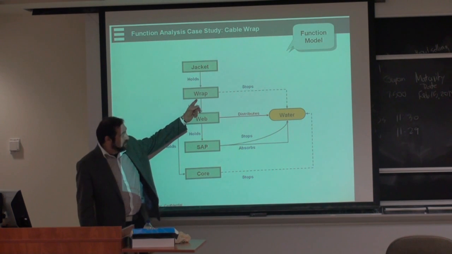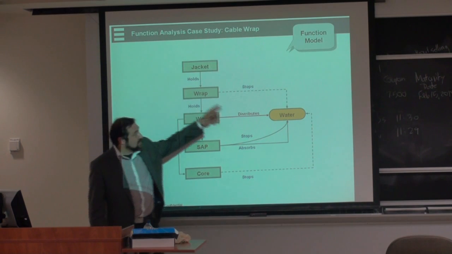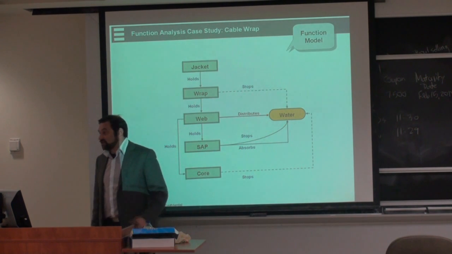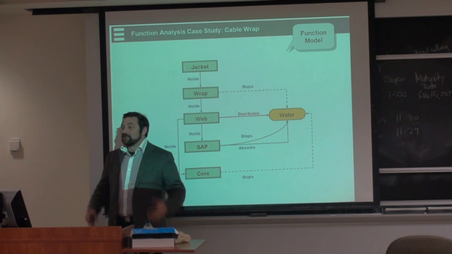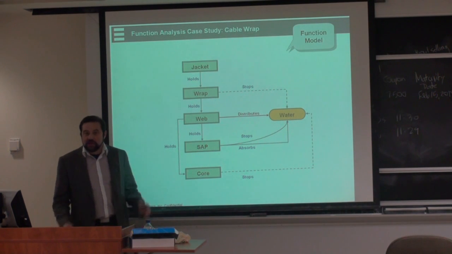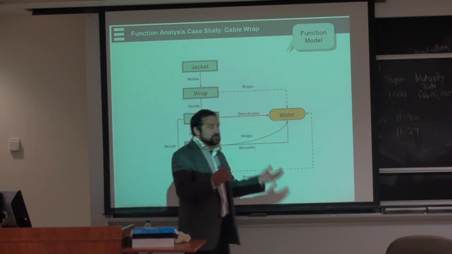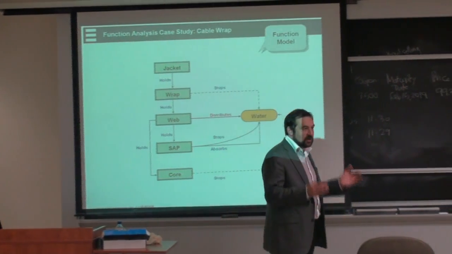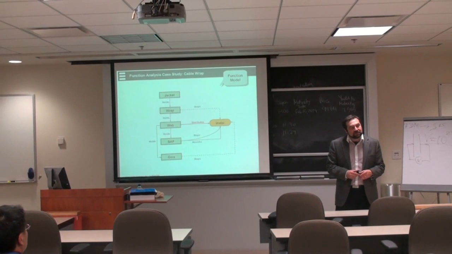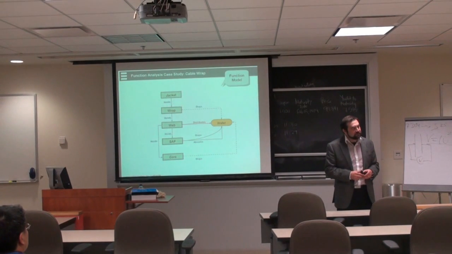And the wrap that we designed for stopping water does not do it really well. A dotted line means that you're not performing the function at the level that you want. So you look at this model, and without doing too much analysis, you already see what problems you have. And by the way, did you think about these problems before?